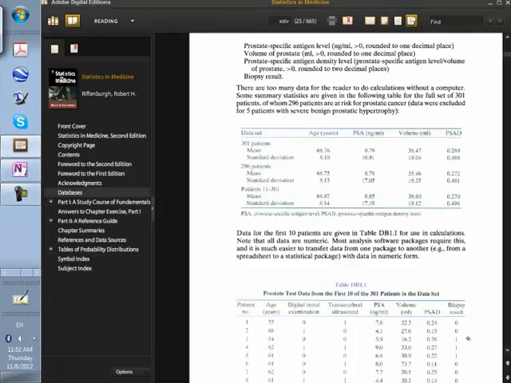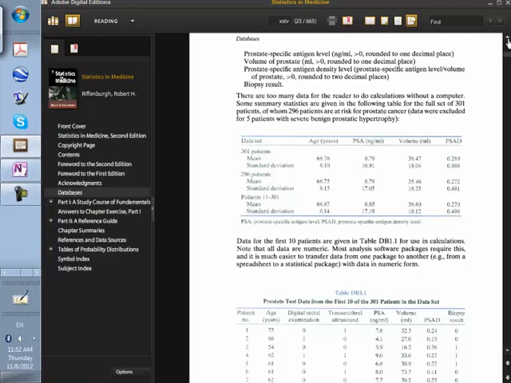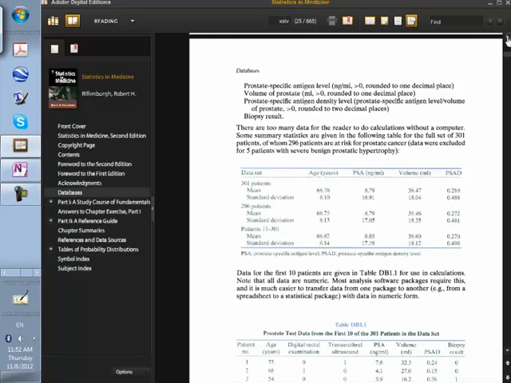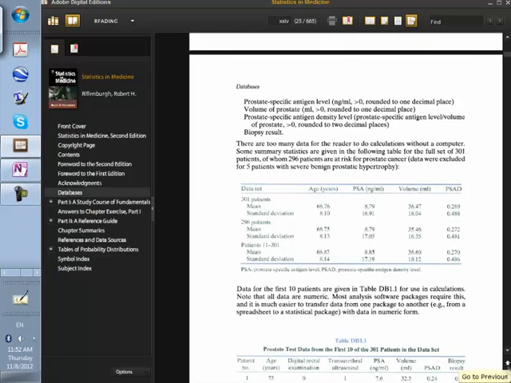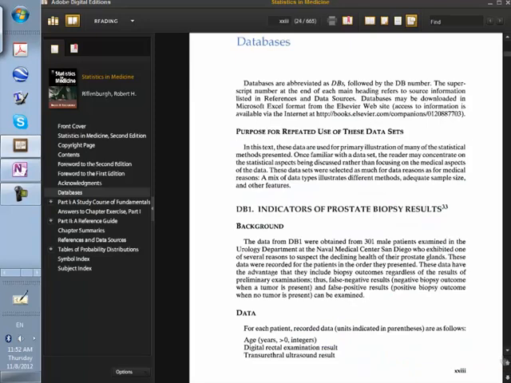Let's resume. Let me read this set here. Although we need a woman, this talks about men, right? Because women don't have a prostate, but they may work, you know. Indicators of prostate biopsy results.